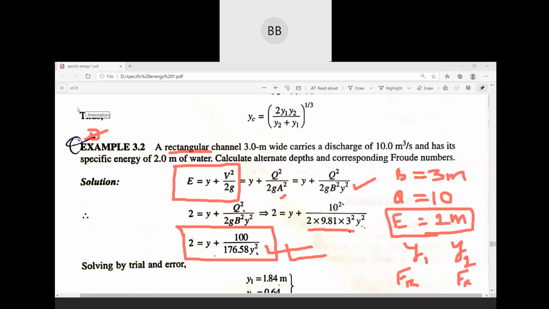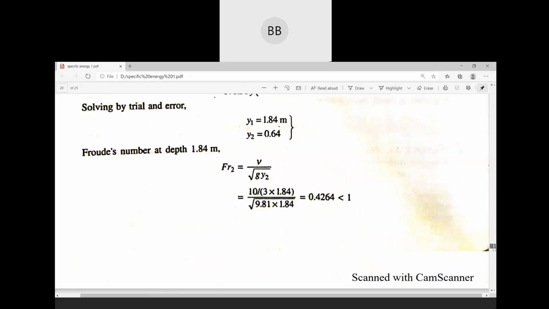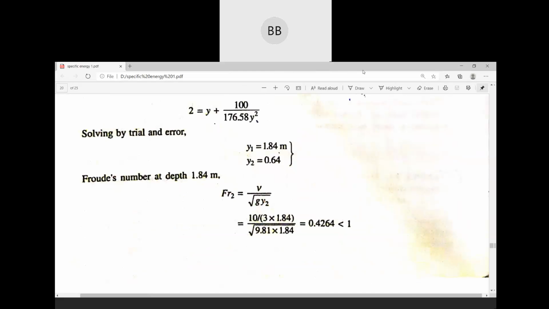Use your calculator and find out the y value, and you are getting a value of 1.84. Solve this equation and see whether you are getting this value or not.